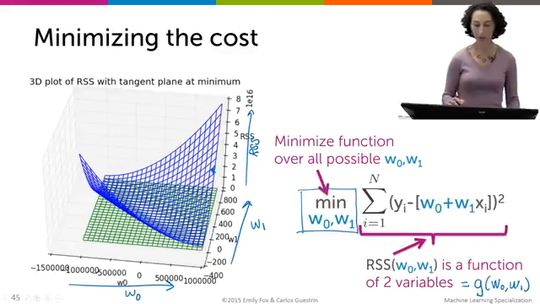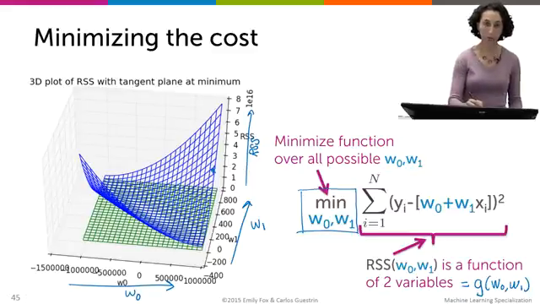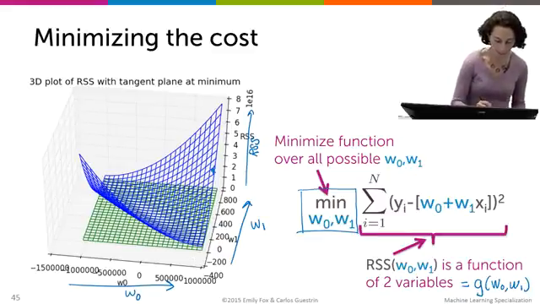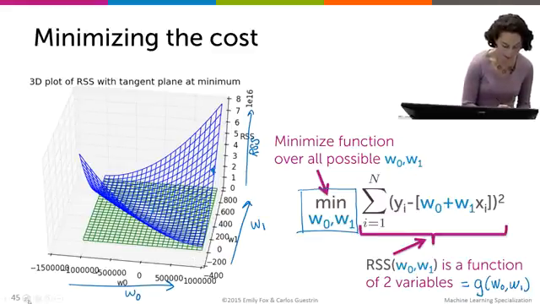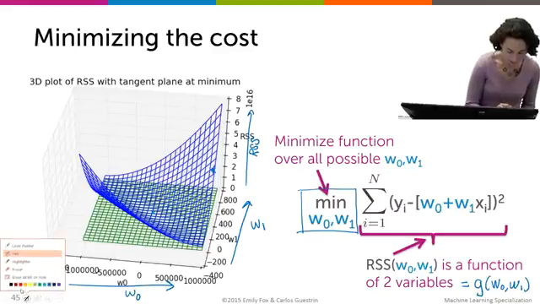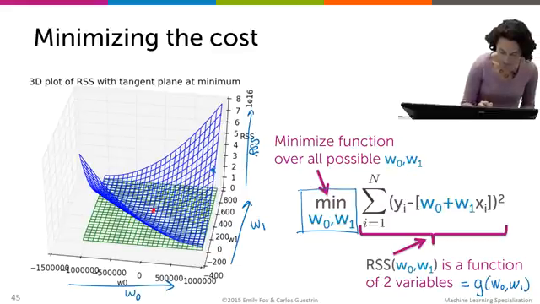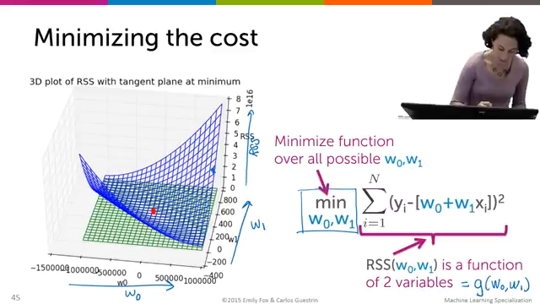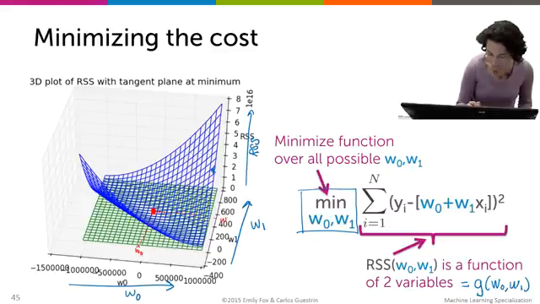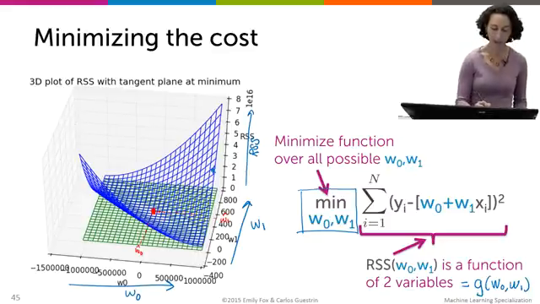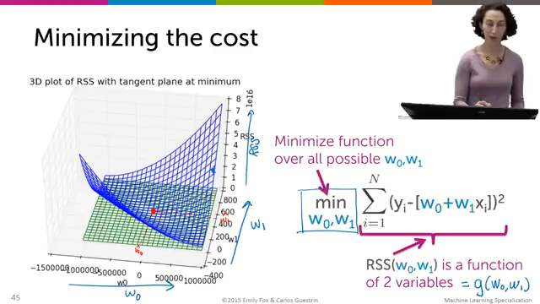In terms of the picture, over this entire space of W0 and W1, we want to find the specific value of W0, which I'll call W0 hat, and W1 hat that minimize this residual sum of squares.